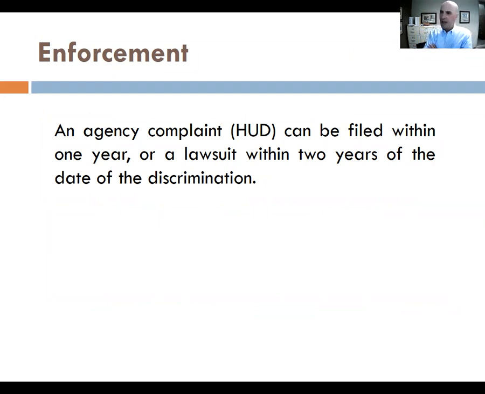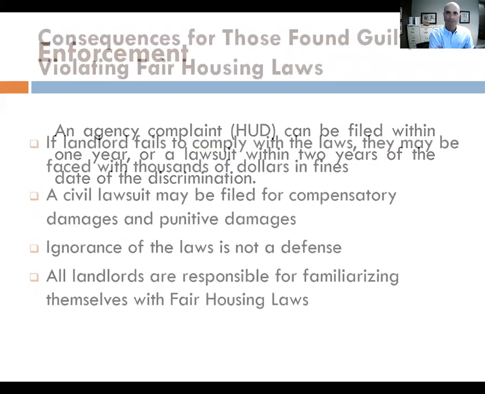That must happen within 1 year of the act that is the basis for the discrimination claim. Or someone can bring a lawsuit directly. They don't have to bring the administrative claim to HUD first, but if they file a lawsuit, they have to file it within 2 years of the date of discrimination. So let's go to the next slide.